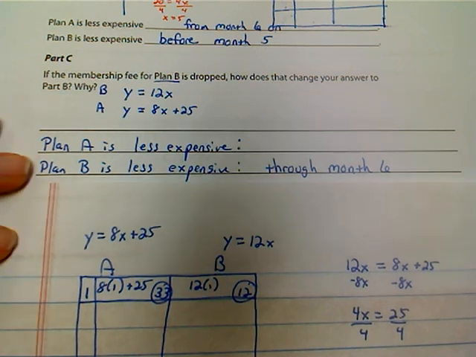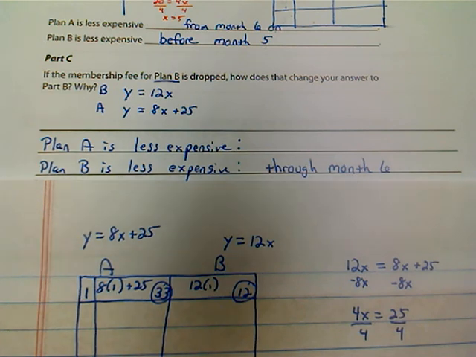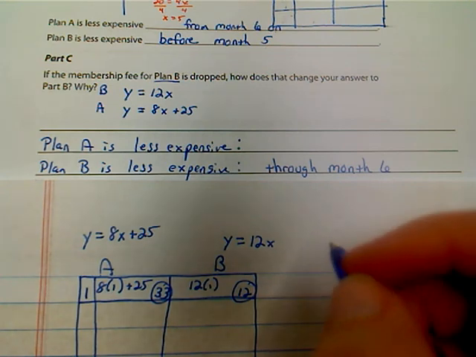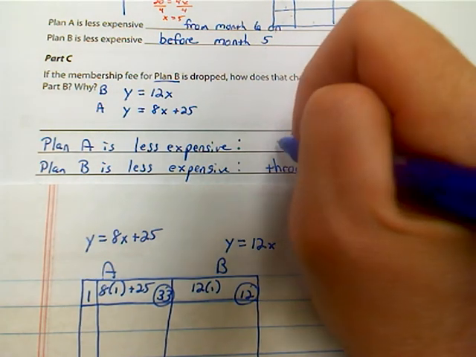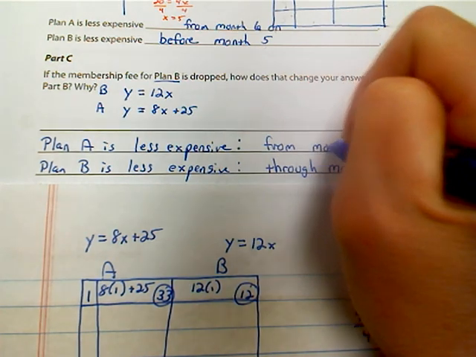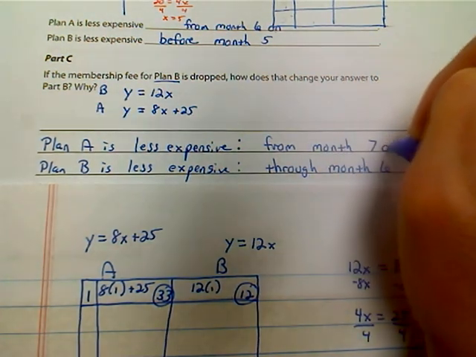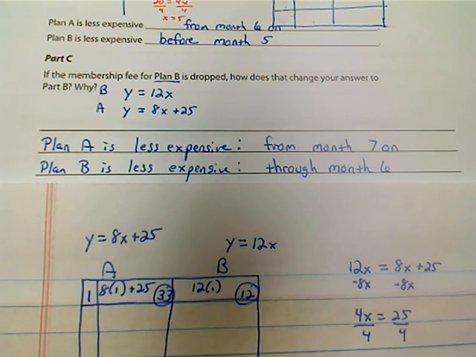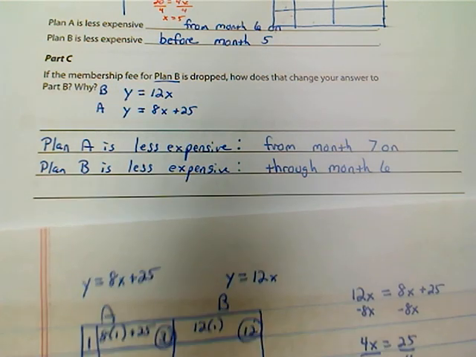So Plan A will be less expensive from month 7 on. So we've just kind of shifted that over. That was a tough question.